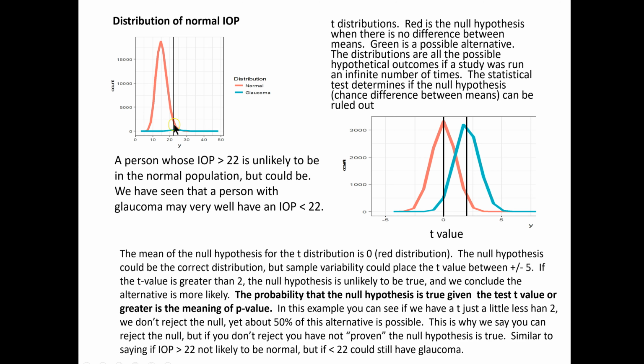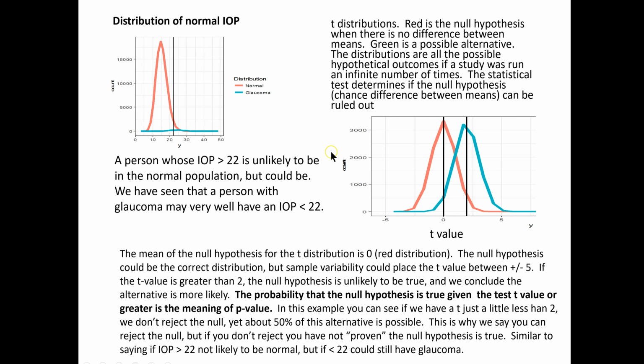Now, if you fall out here, remember, you're not very likely to be a normal person in terms of IOP. If your IOP was greater than 22, we would say that you are unlikely to be in the normal population. But you still could be. I mean, you could be a value out here. We have seen also that a person with glaucoma may very well have an IOP of less than 22.